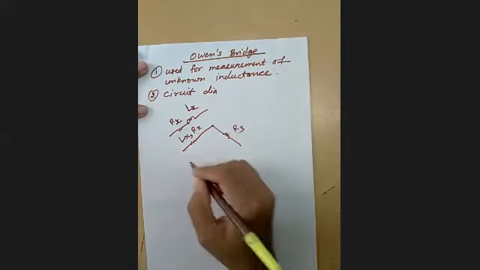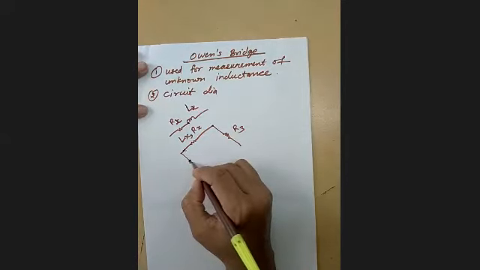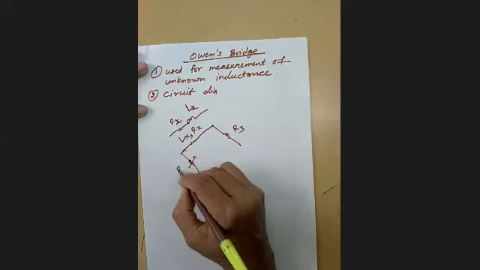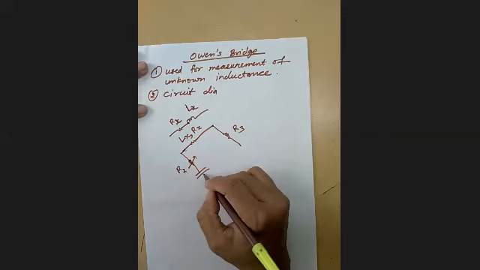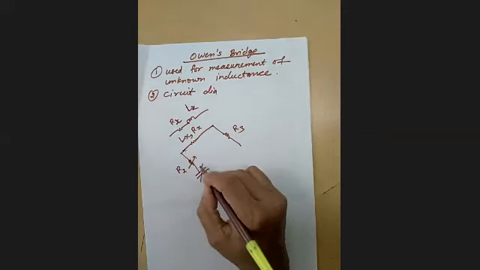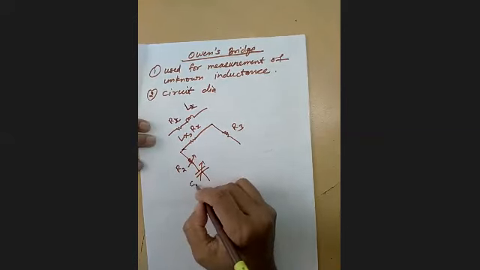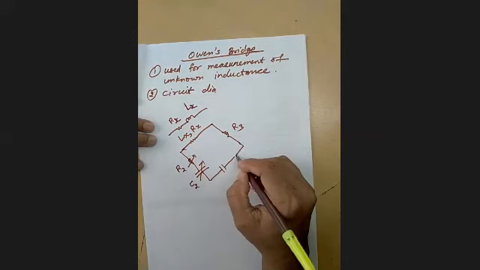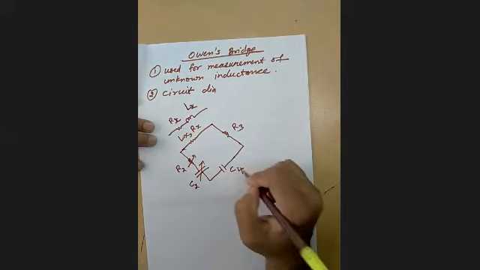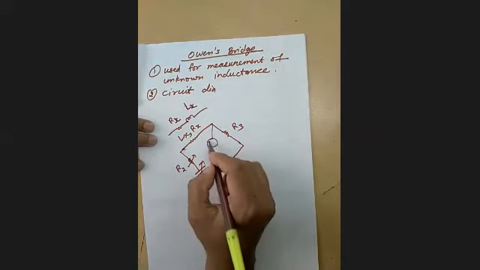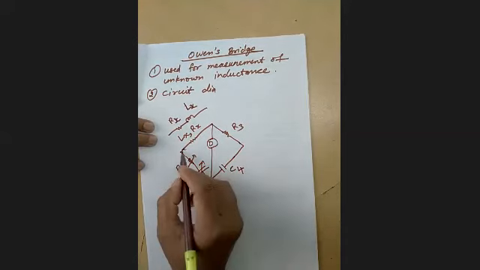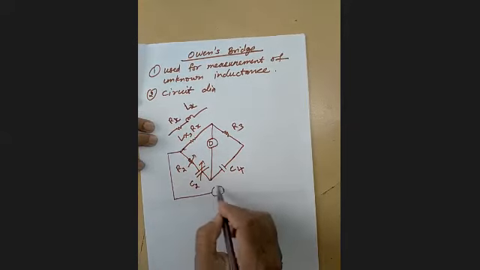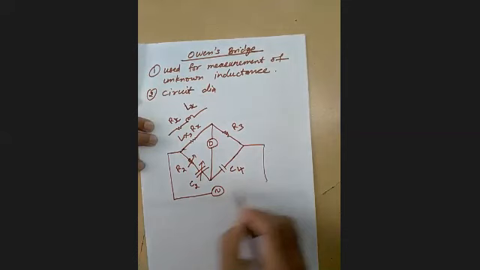This is R3. This is R2. Capacitor is also variable here. Capacitor C2 is taken here. Next is capacitor C4. Detector is connected between these two arms, and AC signal is given between these two arms.